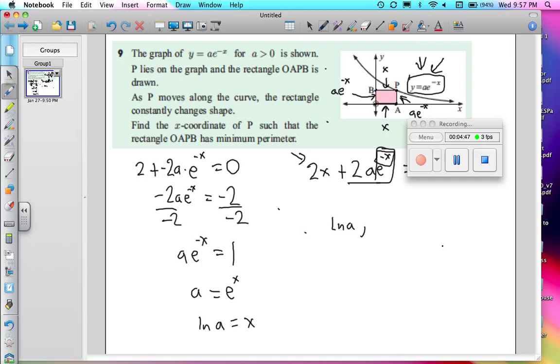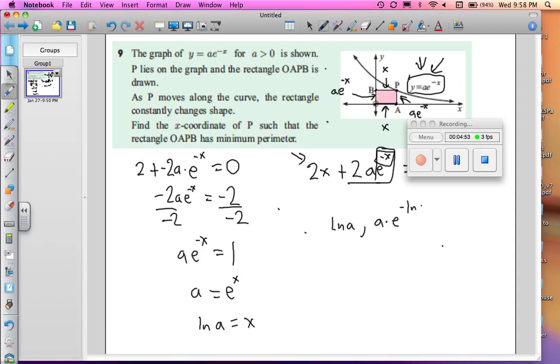So it's going to be a times e to the negative natural log of a. Now that just ends up being a over e to the natural log of a.